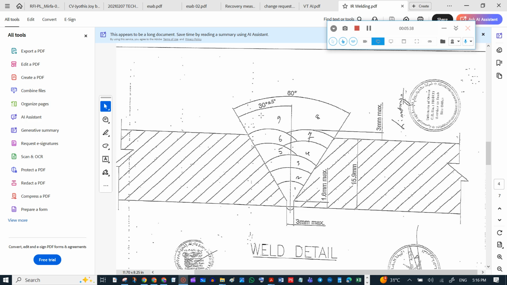How many beads? One root bead is there, then we have the hot pass, then passes 3, 4, 5 are filler passes, and finally the capping layer.